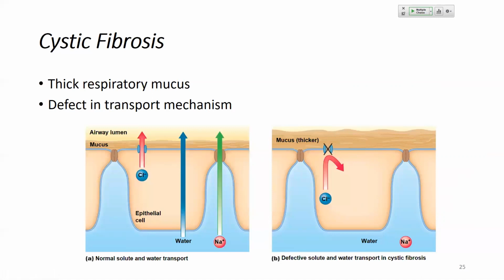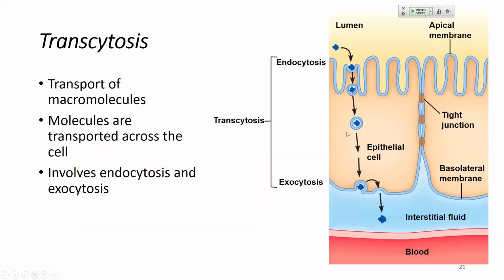These patients often also have infertility because the semen is too thick and so it's not easily transported to the egg. Lots of symptoms, all owing to the defective chloride channel, which impedes the flow of water because we cannot create that solute gradient. That is cystic fibrosis. There's lots of therapy. I think they're working on gene therapy to find a cure, but as of right now, there's no cure for cystic fibrosis.